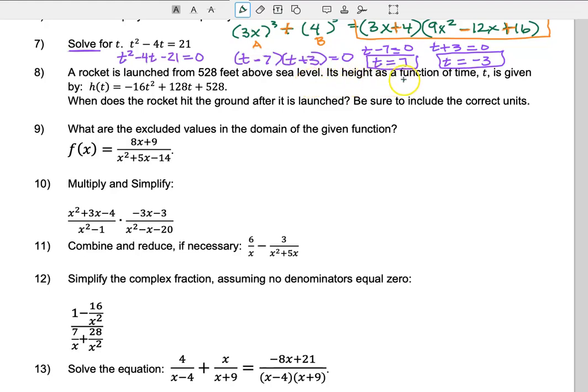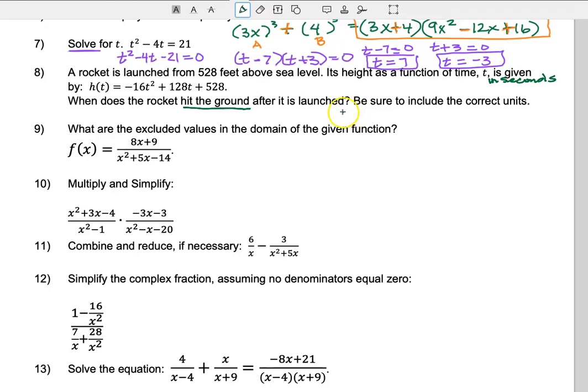Its height as a function of time t, in seconds, is given by this formula here, right? This function. When does the rocket hit the ground after it is launched?